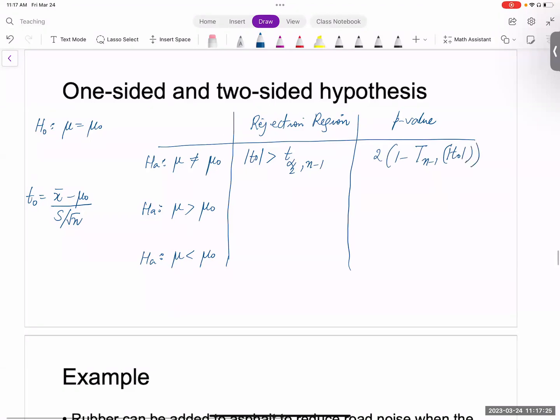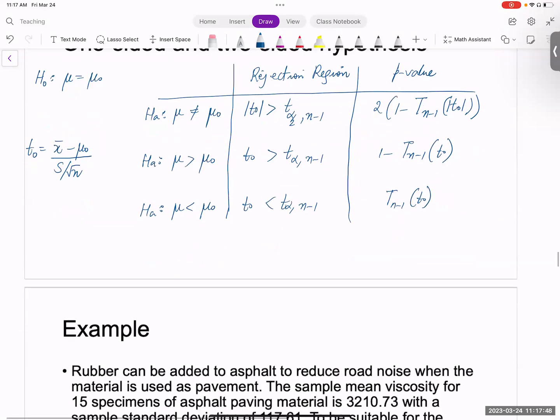I'll tell you exactly how to compute these numbers, but let me write down the formula first. T0 is greater than T alpha comma n minus 1, and the p-value is 1 minus T of n minus 1 of T0. The last one is T0 is less than T alpha comma n minus 1, and the p-value is uppercase T n minus 1 of T0.